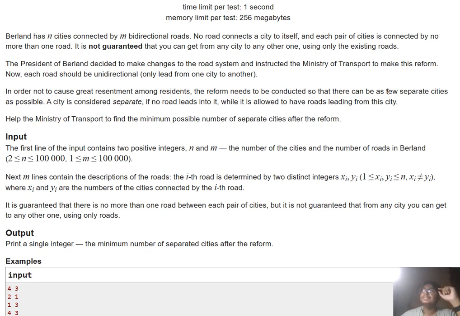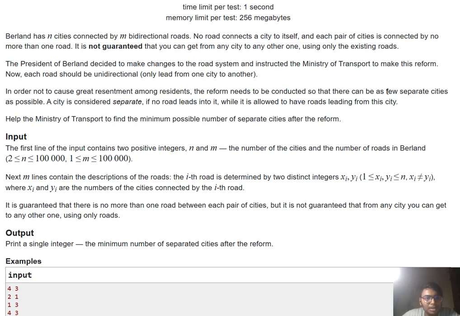So a separate city should not have any in degree, but it can have out degree only. It's kind of like a hot spot, having no in degree, and only out degree is allowed.